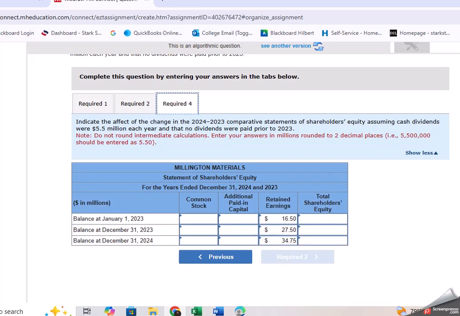And then we add that to that 22 million. And then that's where the 34.75 comes in. So you've got to know what goes into retained earnings. So what did it start at? Then subtract out our dividends, add our adjusted net income, and again, adjusted to subtract out the tax expense, and then do that for each of the years.